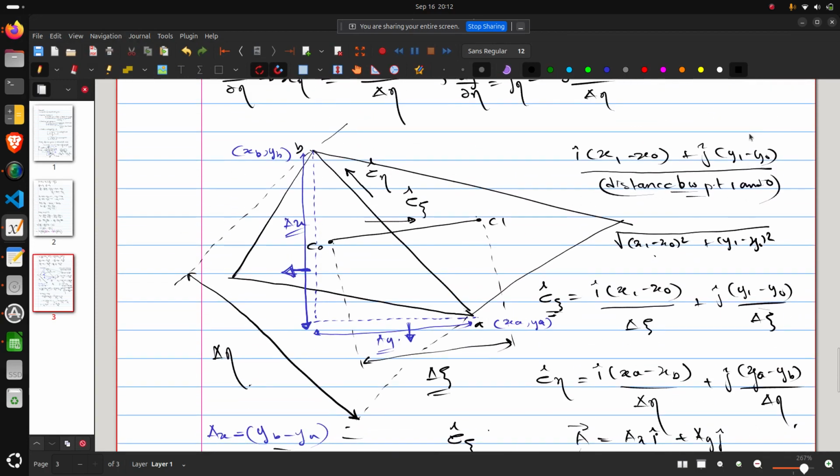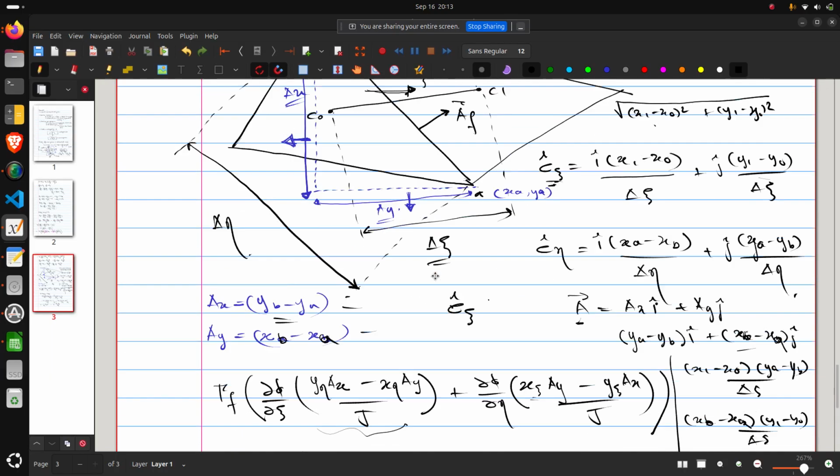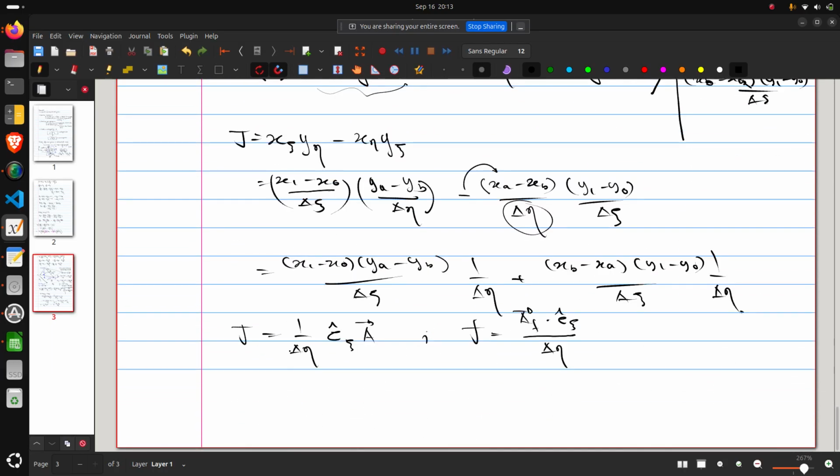So from the diagram, what it says is that this is the vector of E psi, and we have a vector of area. This is called the area face vector, and if we take the dot product of these two vectors, then we will get the Jacobian back, right?